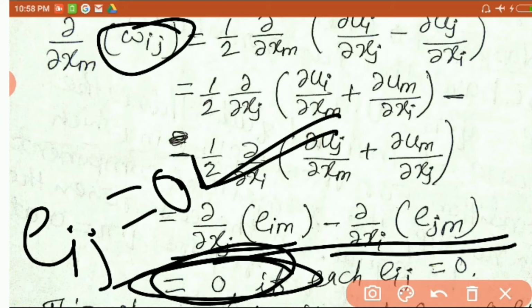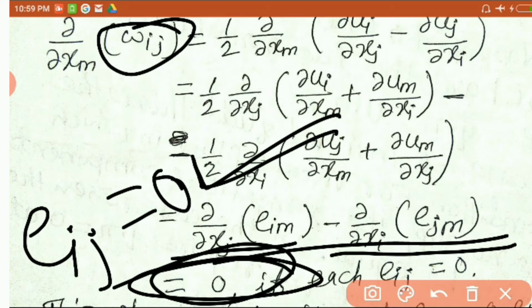The vanishing of the e_ij is the necessary and sufficient condition that the fluid moves without strain. This analysis is known as the analysis of fluid motion by the method of Cartesian tensor analysis. And here we have shown that if each e_ij is 0 everywhere, then w_ij are constant. That means the rotation is the same everywhere. The vanishing of e_ij is the necessary and sufficient condition that the fluid moves without strain.